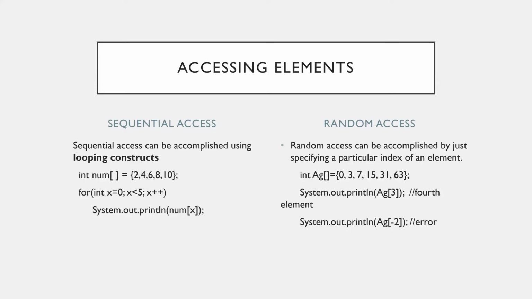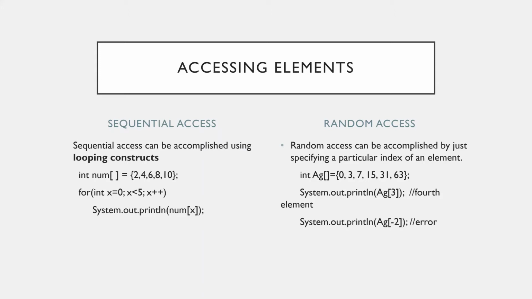That is random access. We can access the elements of an array randomly just by specifying the index of an element. Now here the array is already initialized. If we are printing ag[3], it will print the fourth element of the array, that is 15. If we print ag[5], it will print the sixth element of the array, that is 63.